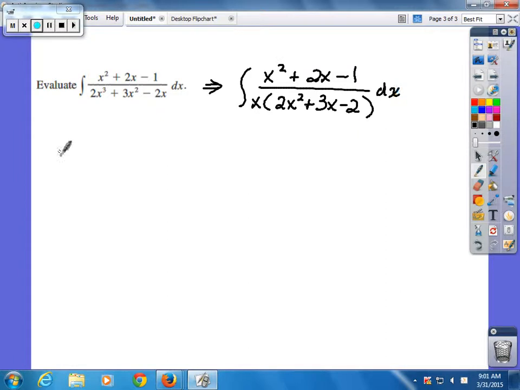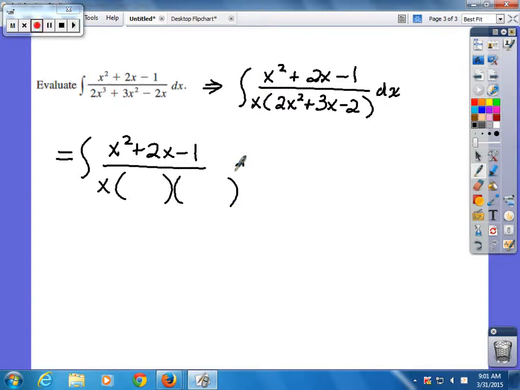And then that's going to give us the antiderivative of x squared plus 2x minus 1 over x, parentheses, close parentheses dx.